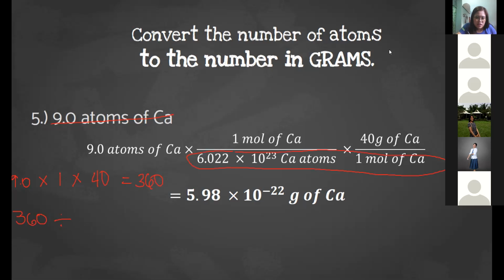We can skip 1, and go directly to 6.022. So you just have 360 divided by 6.022 times 10 raised to the power of 23. The answer here is correct: 5.98. Your answer should be like this, 5.98 times 10, and the exponent should be negative 22 grams of calcium.